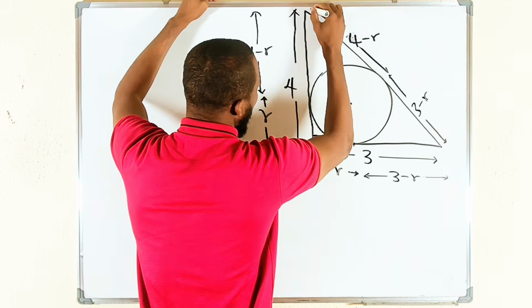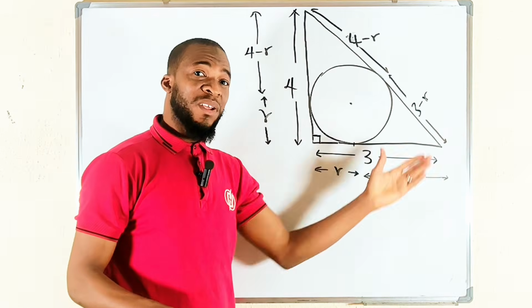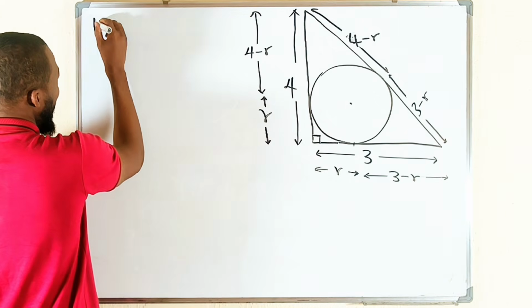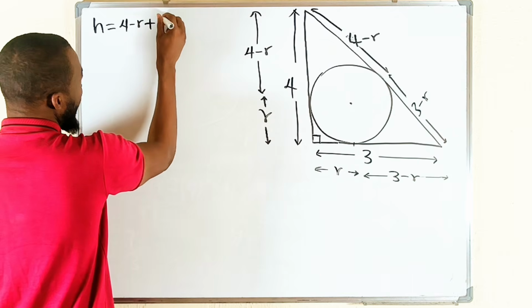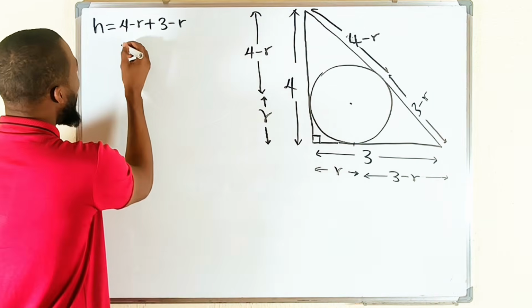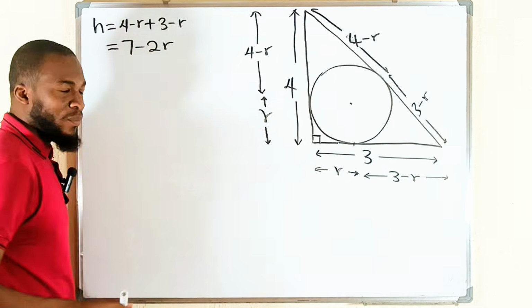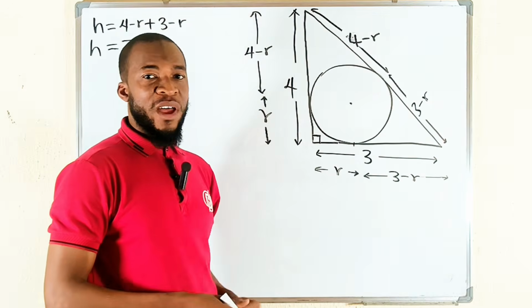But the question is, what is now the length of the hypotenuse? The length of the hypotenuse, h, is going to be 4 minus r plus 3 minus r. This is the total length. And if you combine, this is going to be 7 minus 2r. 7 minus 2r is the hypotenuse of this right triangle.